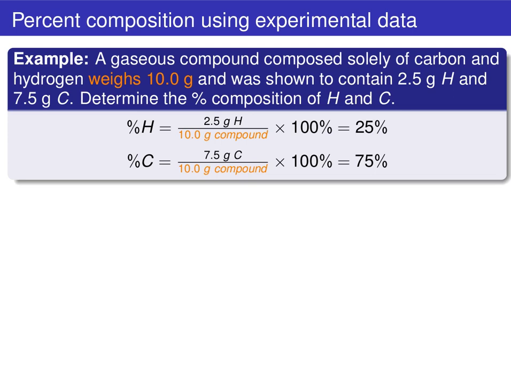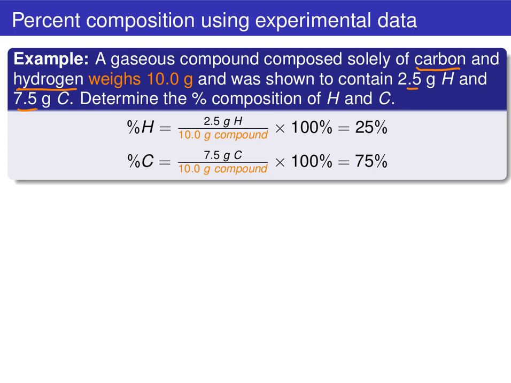So for example, let's say you had a gaseous compound composed solely of carbon and hydrogen, and it weighs 10 grams. It was shown through some experimental techniques that it's 2.5 grams hydrogen, 7.5 grams carbon.